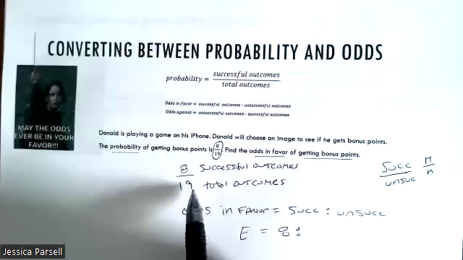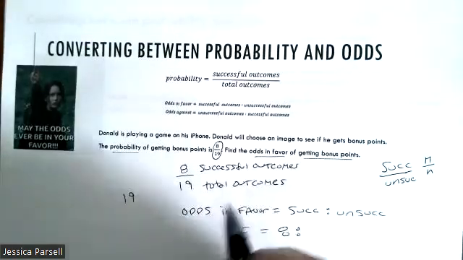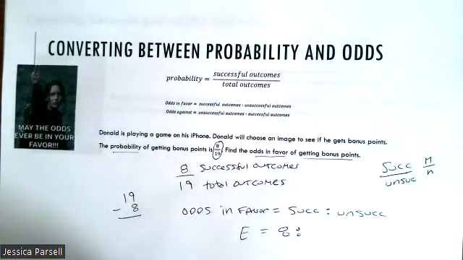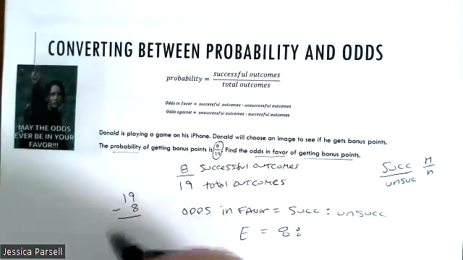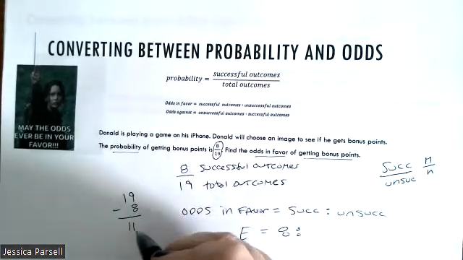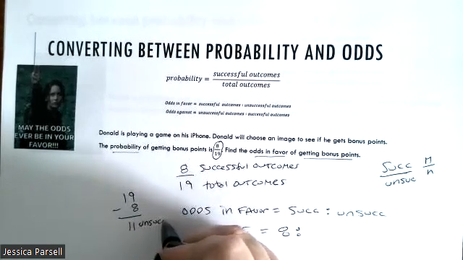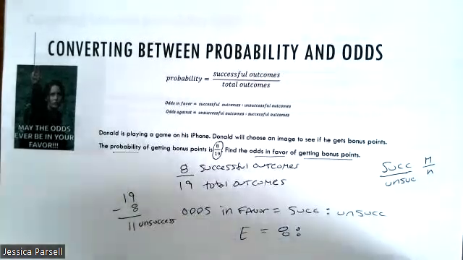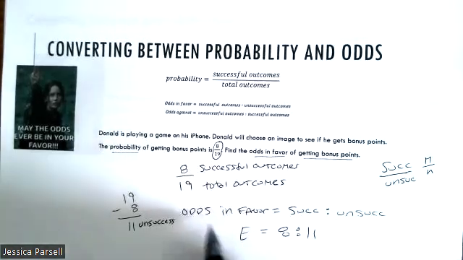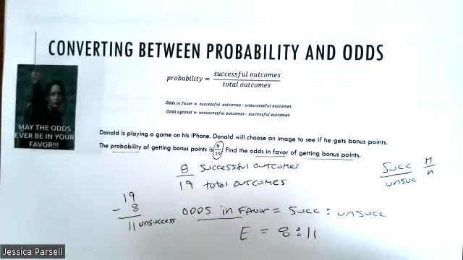So if we figure out total outcomes minus success, then we're automatically going to know the unsuccessful number. Well, 19 minus 8 is 11. So this is your unsuccess. So that way we can use the 11 here in our formula for odds in favor. We need those unsuccessfuls. So 8 to 11.